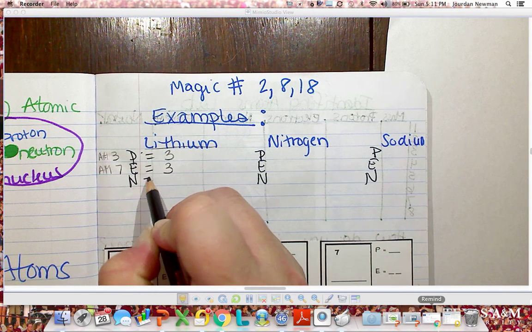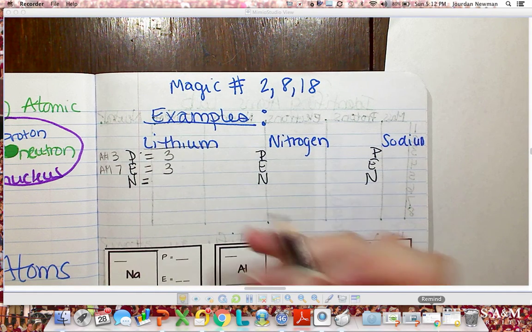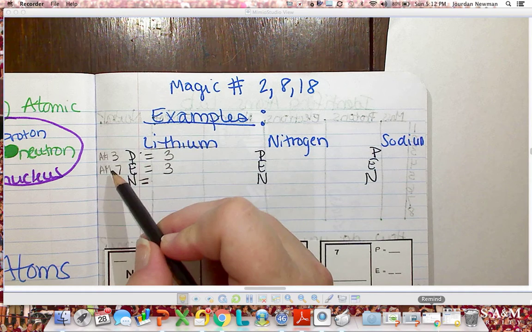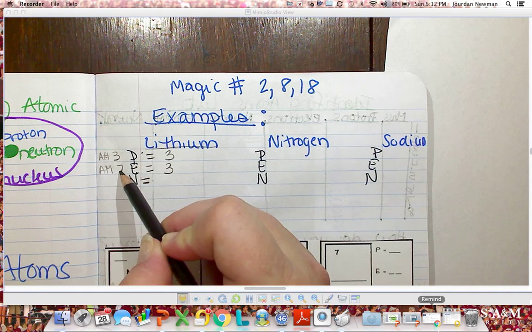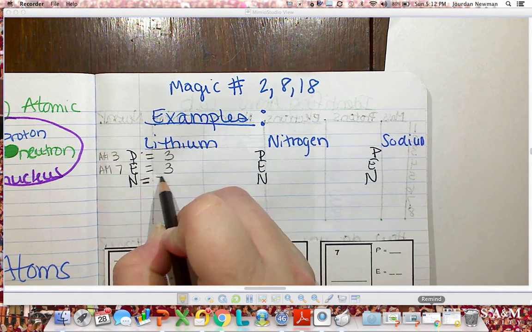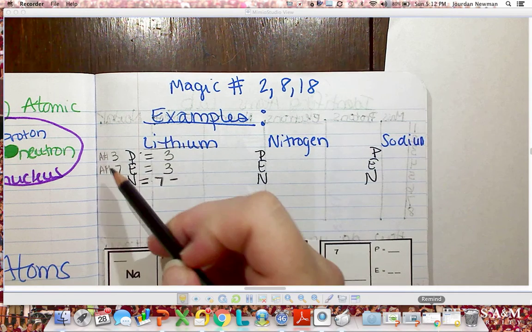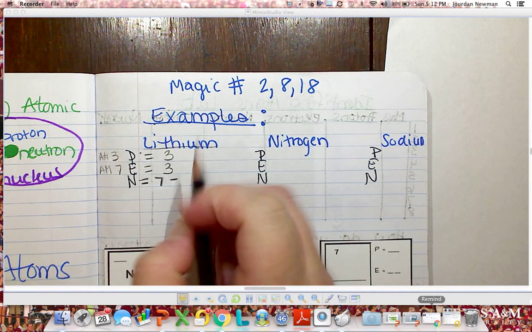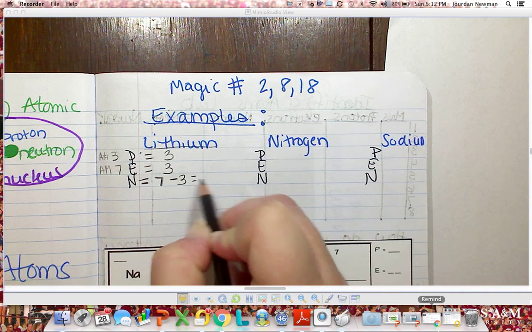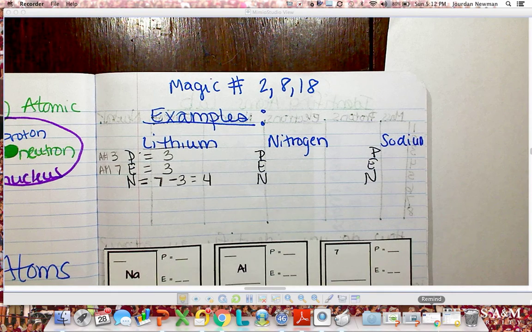Then in order to find our neutrons, we're going to have to do a little bit of math. We take that atomic mass and round it, which we already did. We rounded it to 7. And we're going to subtract our atomic number, which is 3. So that means we have 4 neutrons for lithium. So that's how we found our protons, electrons, and neutrons.